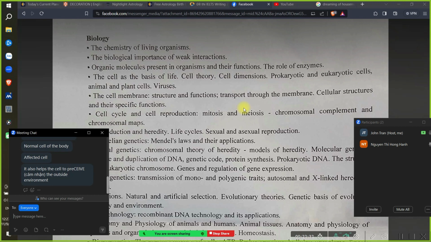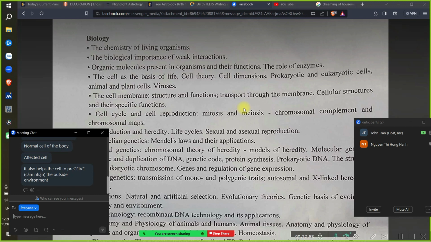Also, ions like potassium or sodium cannot flow in or out of the cellular membrane without the help of something else, and that something else is the transport protein, what we call ion channels.